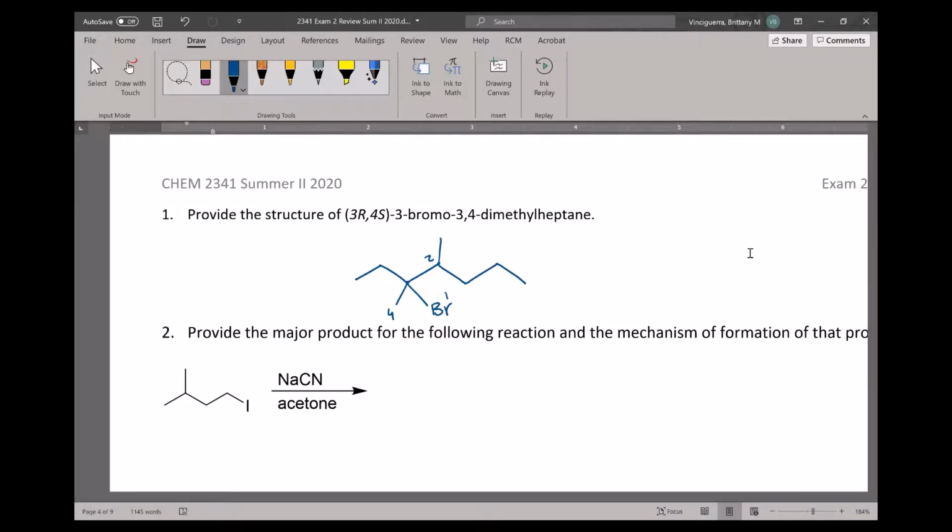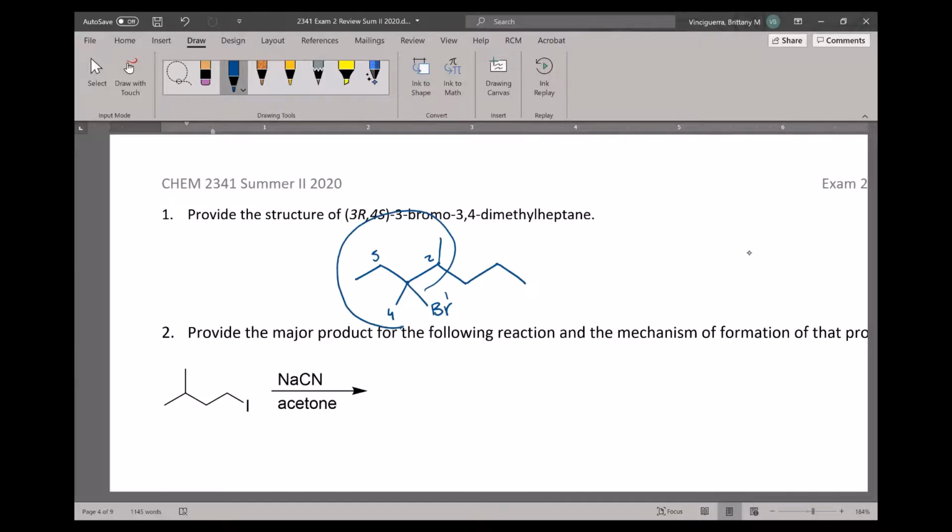Okay, so 1, 2, 3. If 4 was already going to the back, what would be the stereochemistry of this molecule? It'd be S. Right, so it'd be 1, 2, 3, which would be rotating to the left.